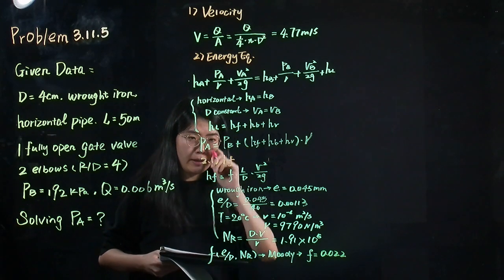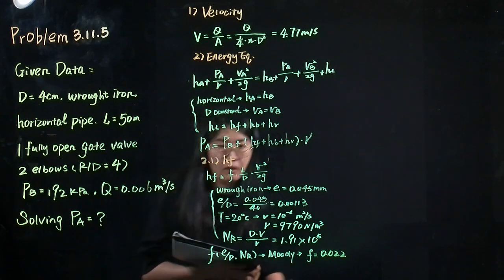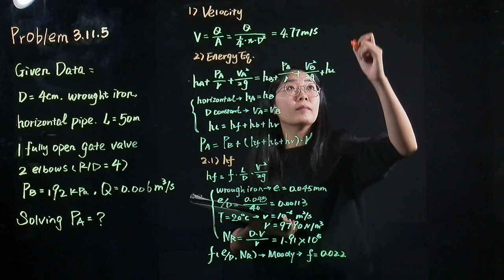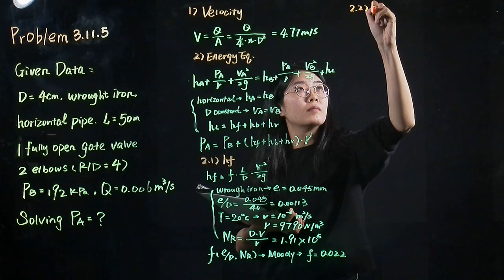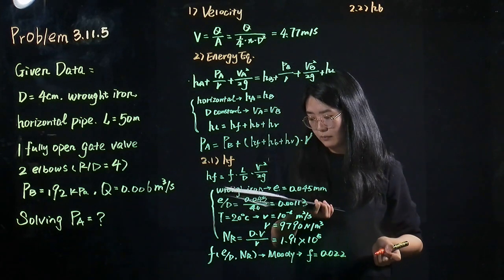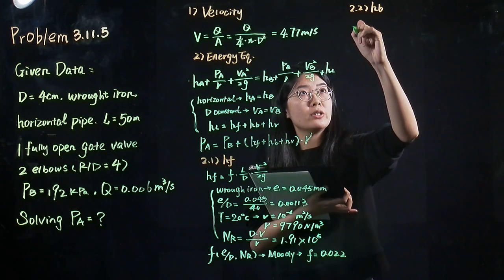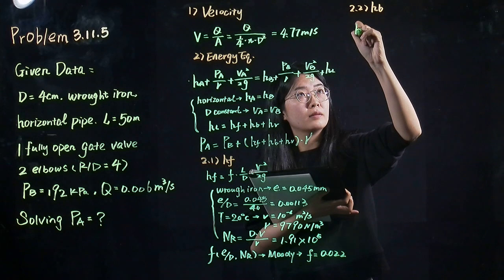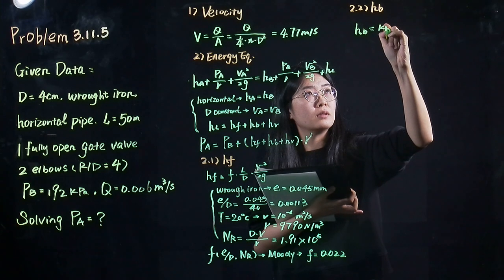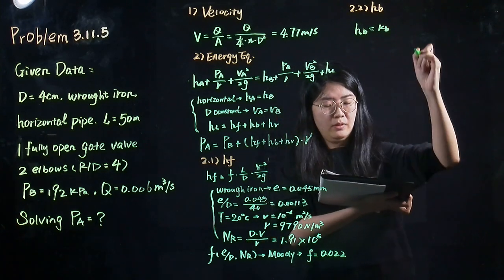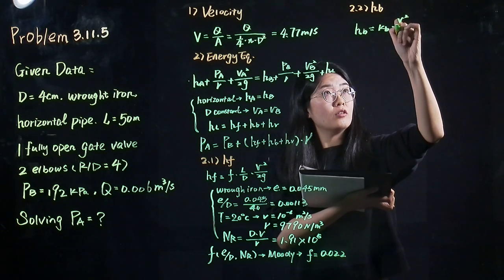The next step is to calculate HB. HB is given by the equation: the coefficient times V squared over 2G.